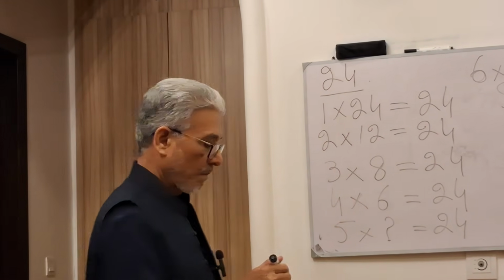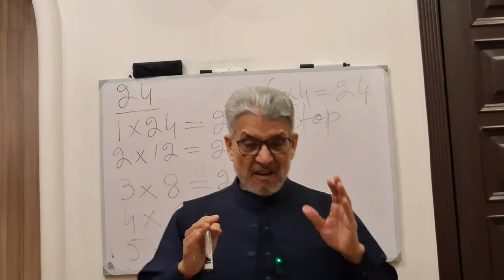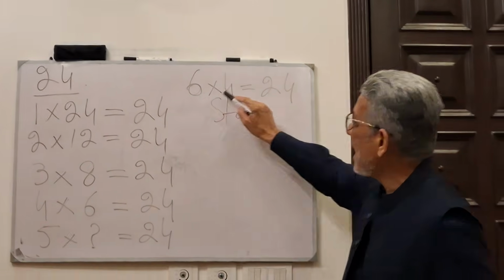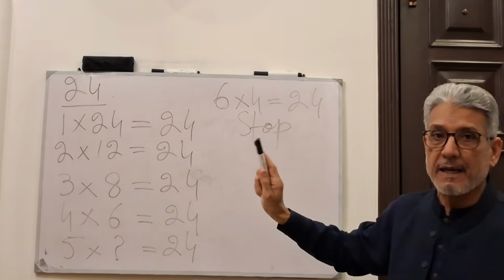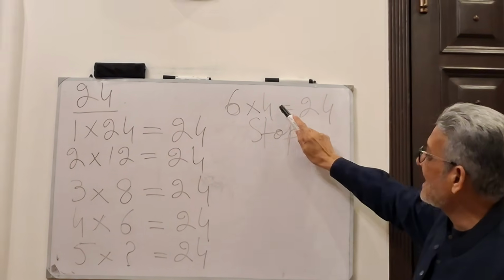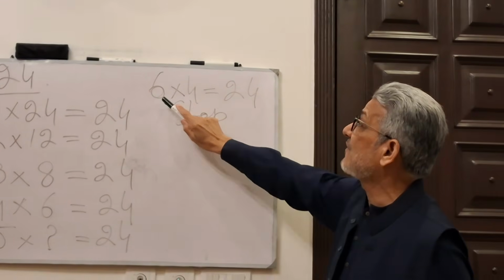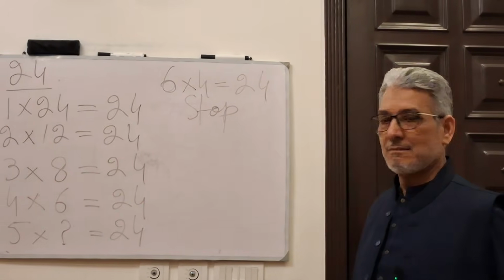Now listen very carefully. When you reach a factor pair where the second number is smaller than the first number, stop there.